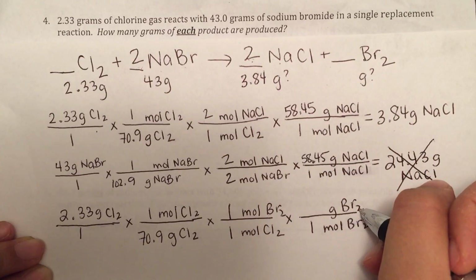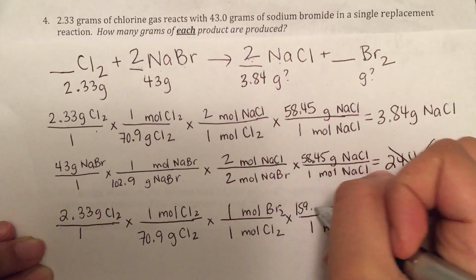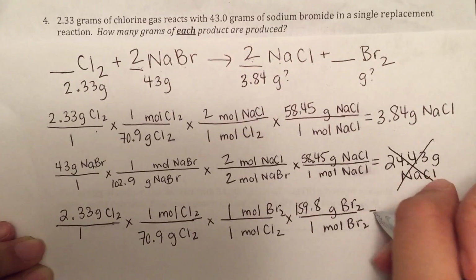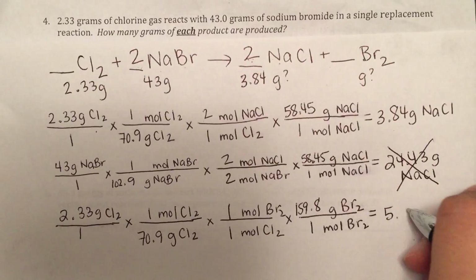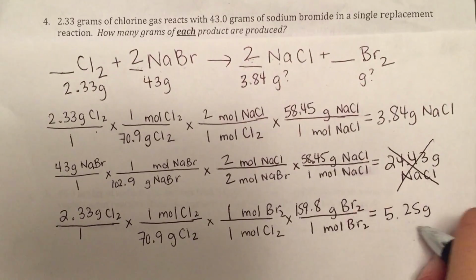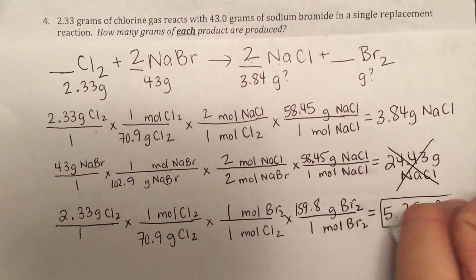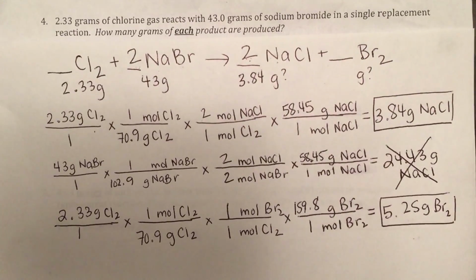That's really important because it's telling me it's not just the mass of Br, but it's 2 Brs. So it's 159.8, which I got from the periodic table. Multiply and divide, and I get 5.25 grams of Br2. So those are my two answers for grams of product.